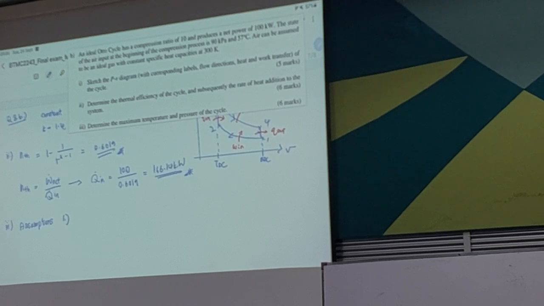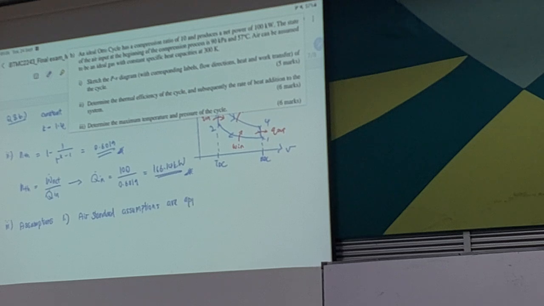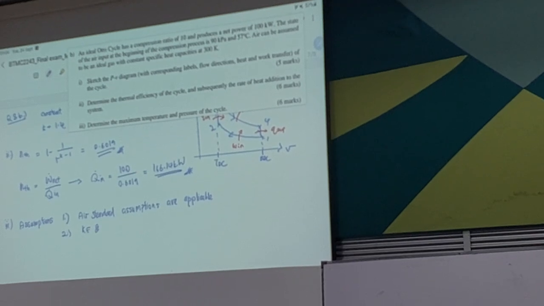Don't forget, if you are dealing with a gas cycle, meaning when you're dealing with gas or ideal gas, you should always assume air standard assumptions. You cannot use this for water, but when you are dealing with air or gases, then you should always assume this. Then as usual, KE and PE are negligible.